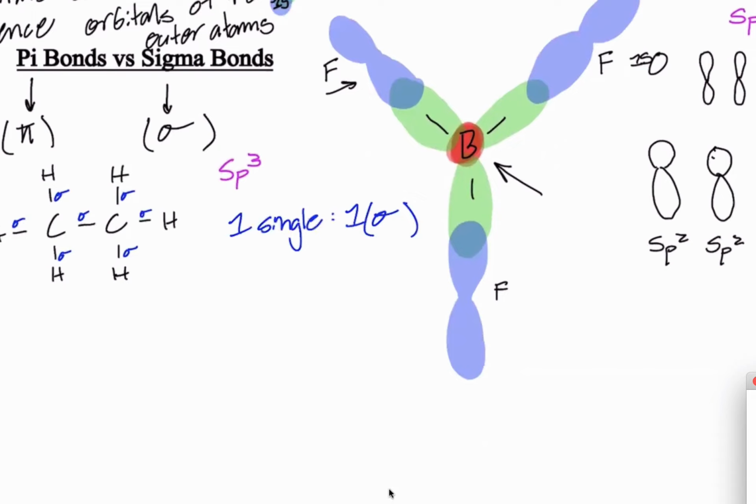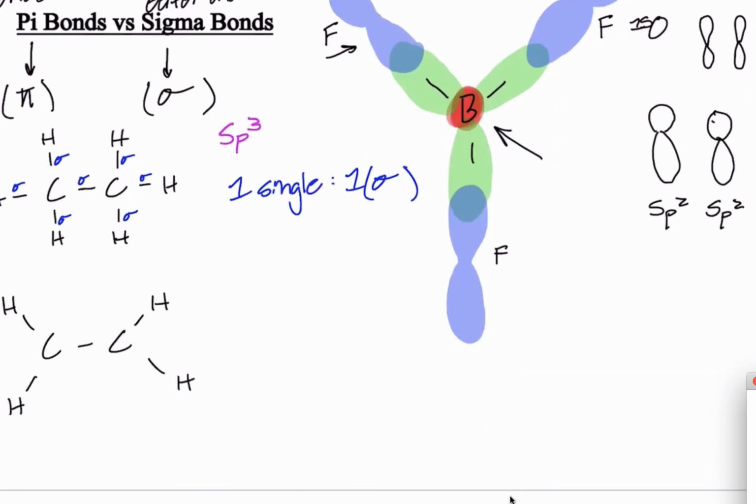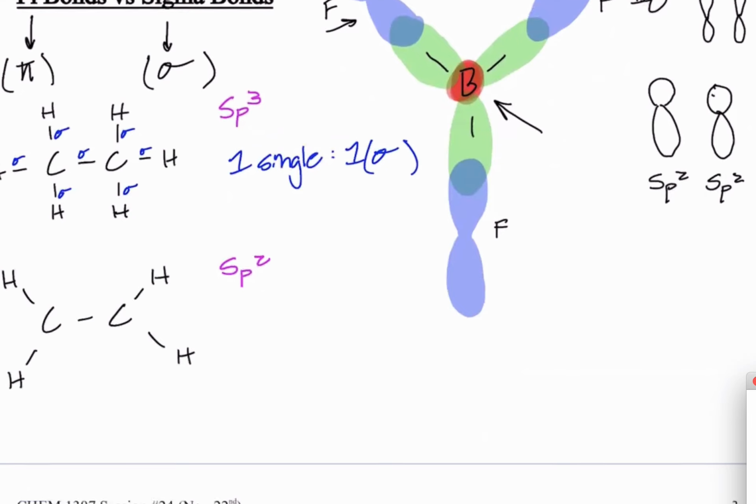All right, so now let's use the example of CH2. First of all, each of those carbons is going to be sp2 hybridized because each carbon is bonded to 3 atoms. And in this Lewis structure, we actually get a double bond between the 2 carbons.